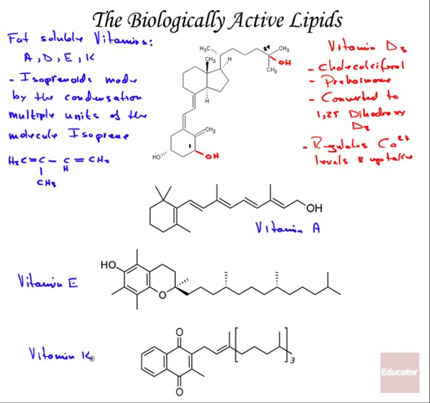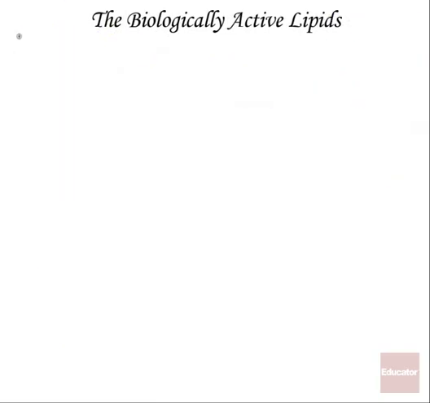Okay, so now I'm going to go ahead and move to a new page and write a little bit about each. So let's talk a little bit about vitamin A. And after this, we'll go ahead and close off the discussion of the biologically active lipids. So it is a hormone. Okay.